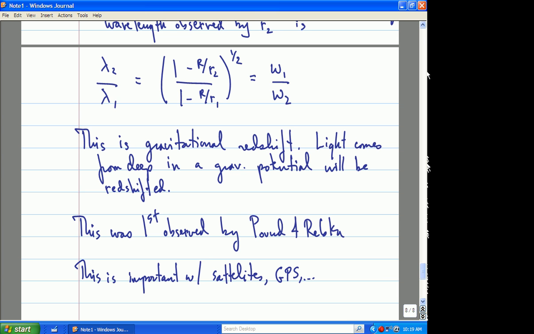I think it's interesting that even though Pound and Rebka had observed this effect, it was taken seriously, but not put forth with 100% confidence by the people who designed and built the first GPS satellite. But they eventually learned, and now all of the GPS satellites correctly take into account this gravitational time dilation factor.